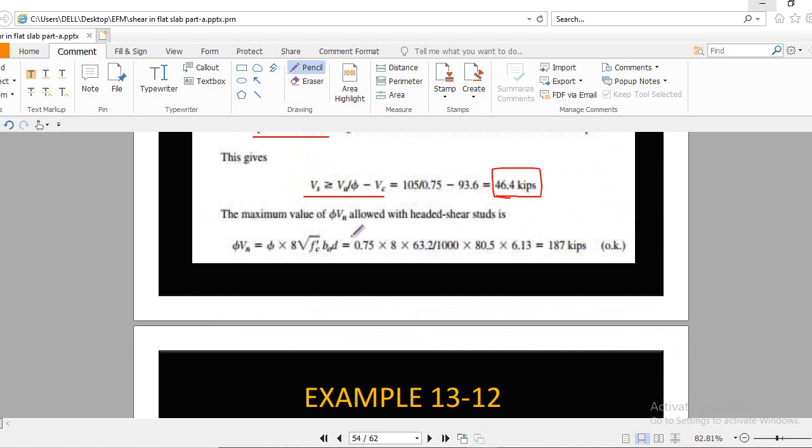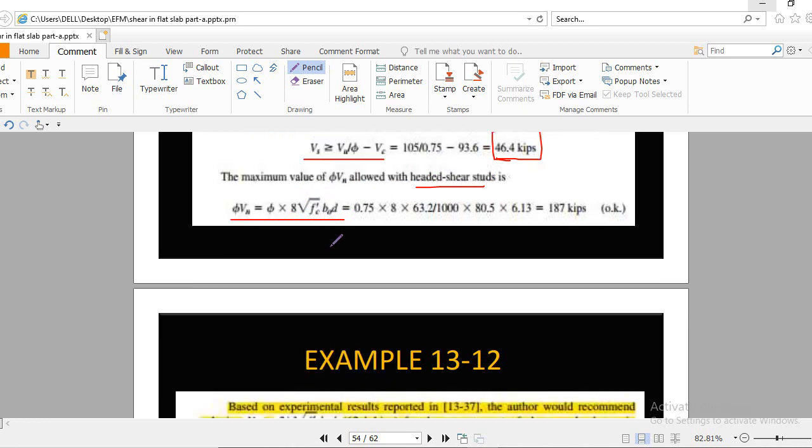So this is the limiting value that our Vn should be checked with, 8. Remember, in the case of stud reinforcement, if you are providing studs, it is 8; if you don't provide studs, then this value will be 6. I already explained this in lecture number 11.